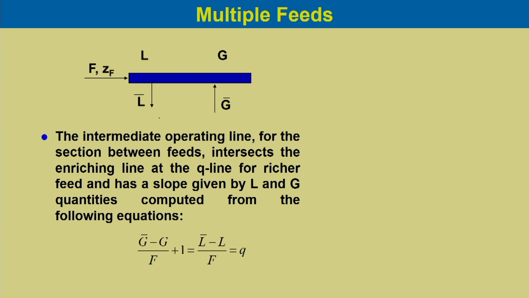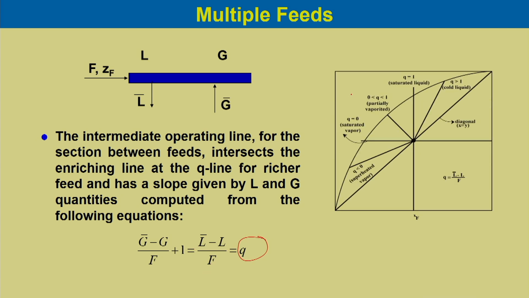So, you can see if we do the balance equation for the feed line, this is F ZF, which is entering into the feed tray. L is the liquid flow from the top section, and from the feed tray it is L bar, and going into the feed tray is G bar, and going out from the feed tray is G. So, like we did before, we can calculate the slope of the Q line: Q would be equal to L bar minus L by F. With this, these are the slopes for different Q values.